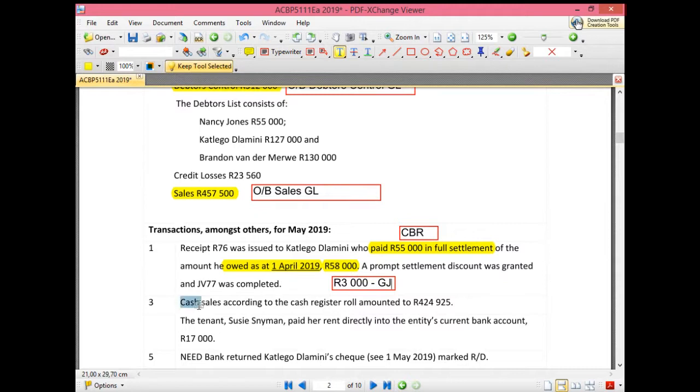Then if we look at cash sales, now this is cash sales. If it's cash, it goes to your cash book receipts, and it's the cash creditor roll of 424,000. So this goes to cash book receipts.